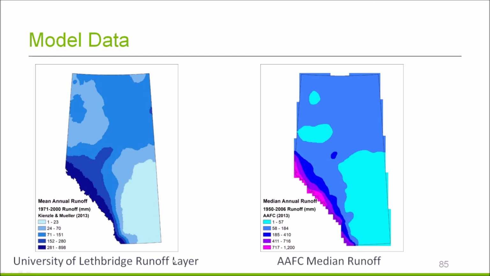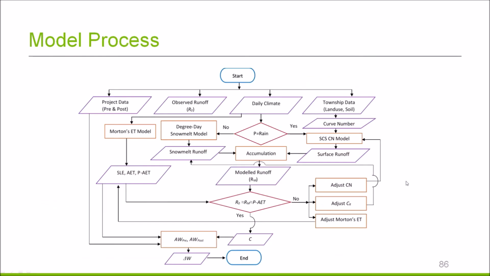They used 30 years of information to come up with this distribution of surface runoff in different portions of the province. The second layer came from the federal government, Agriculture and Agri-Food Canada. It's median runoff, which is not exactly the same as mean runoff, but they're very close. So we use both layers in our calibration techniques.